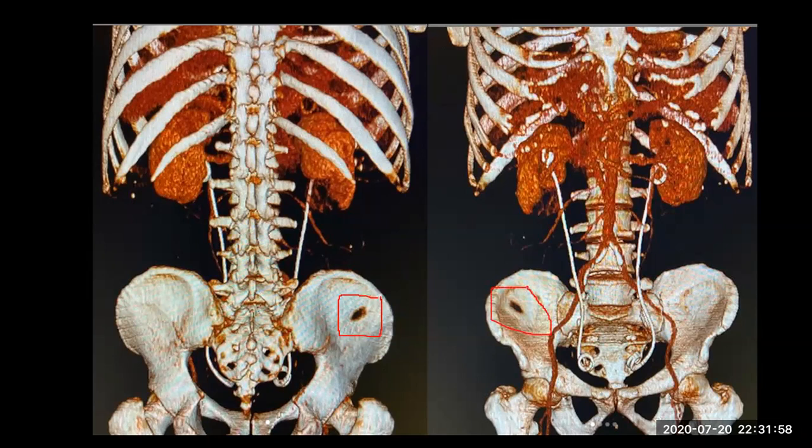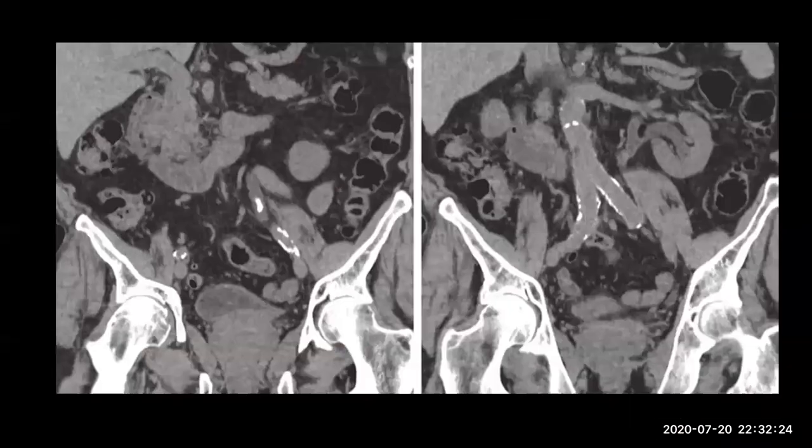There is a bony defect, okay? We don't know, probably previous surgery. Okay, this patient.